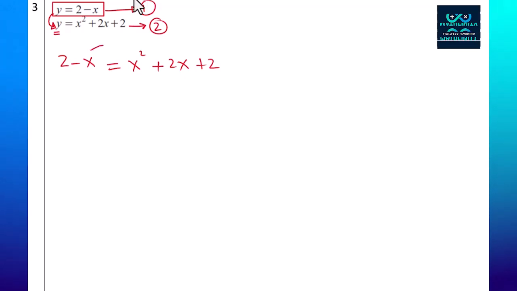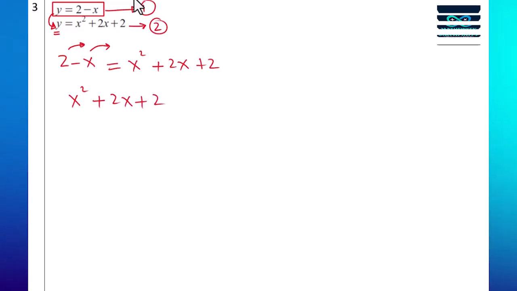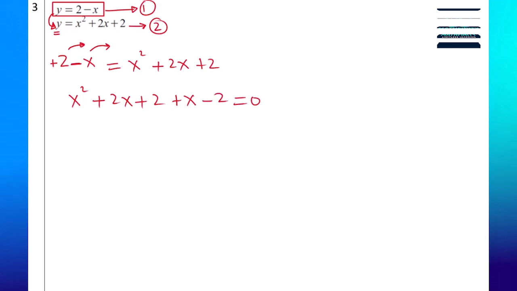So we have to shift these two things to the other side, and we can write x squared plus 2x plus 2. These already were there. Negative x, when you shift, will become positive x, and positive 2 will become negative 2, equal to 0. We will add or subtract the like terms now.